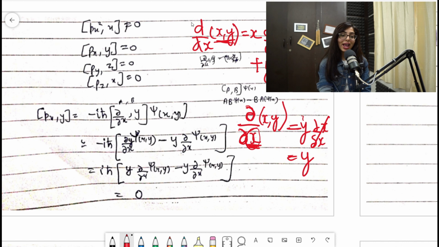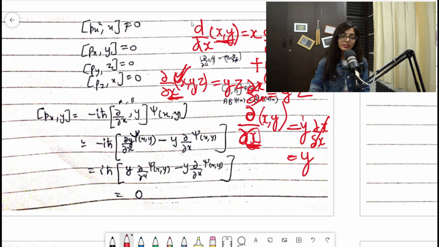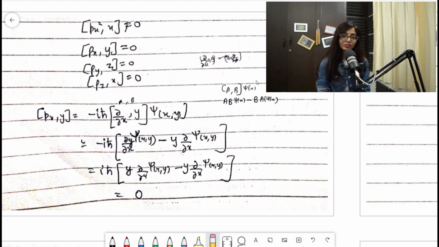Suppose it was xyz, then you will take yz outside, because x is in the denominator, you will only differentiate x, so that will be del by del x, and the answer would be yz. I hope the basic idea of how complete differentiation and partial differentiation work is clear to you.